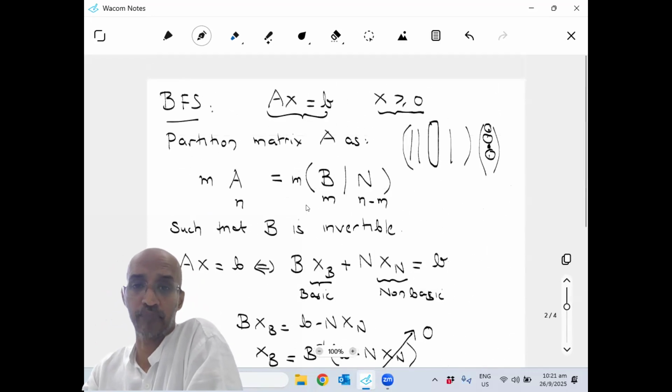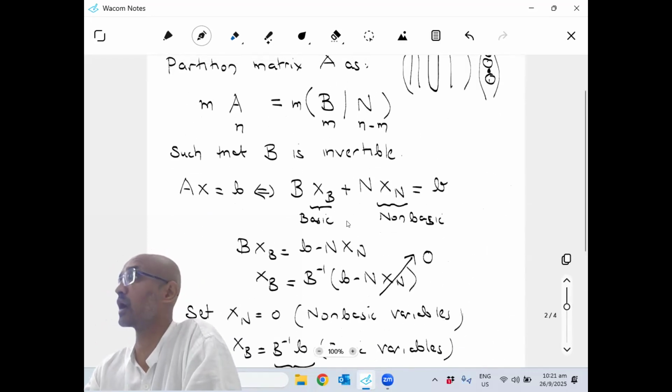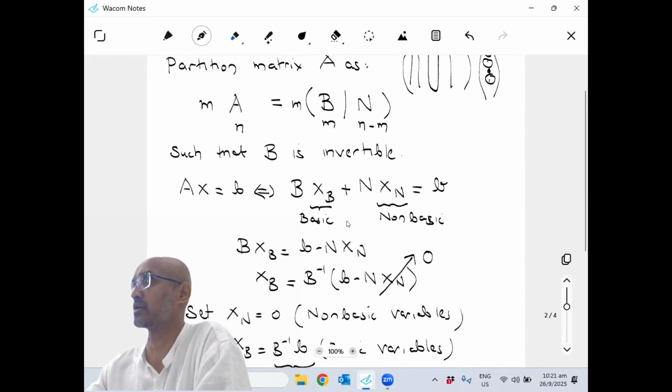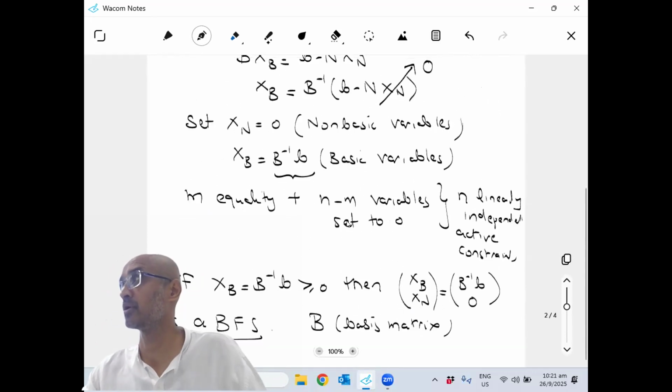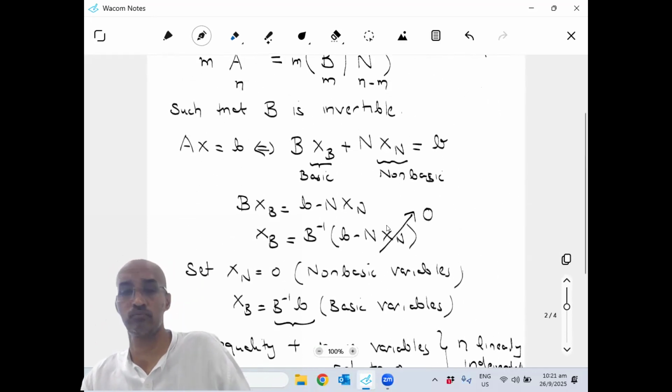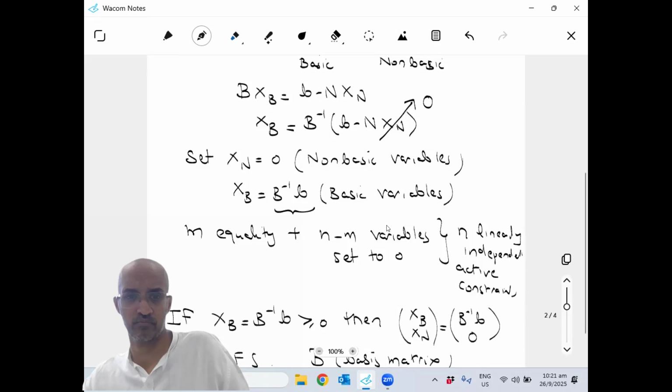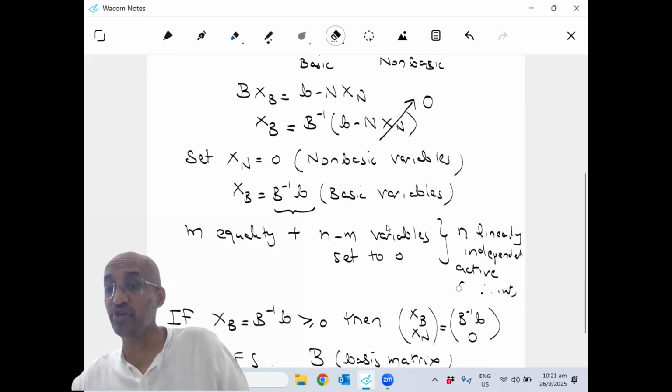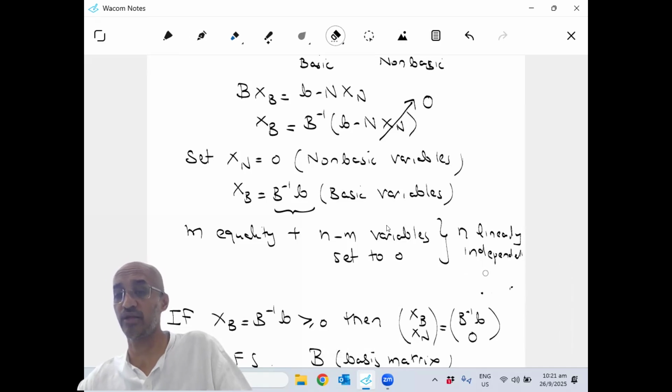But is there any step here which is unclear? Maybe we can do an example and then if you've got questions, you can ask me. I'm saying that this implies that there are n linearly independent active constraints at X. How do I know this?